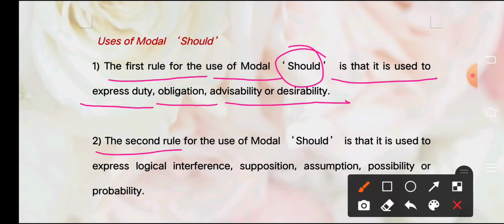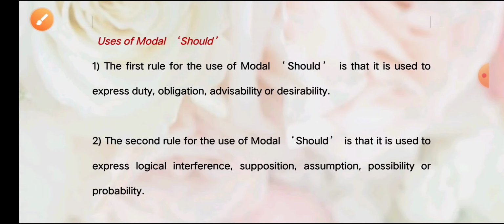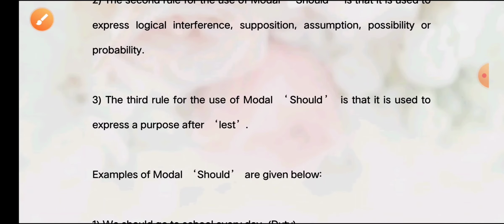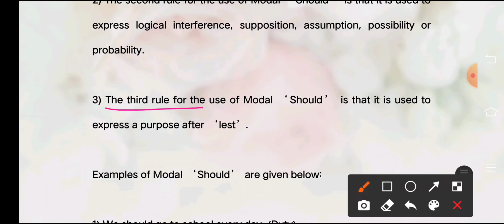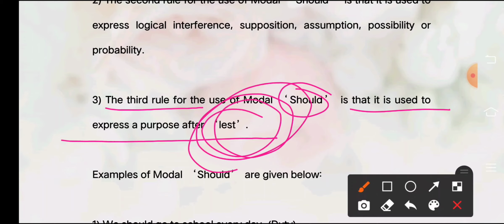The second rule is that it is used to express logical inference, supposition, assumption, possibility or probability. And the third rule says that should is used to express a purpose after lest. After lest we have to use should.